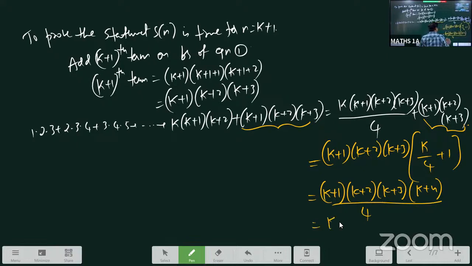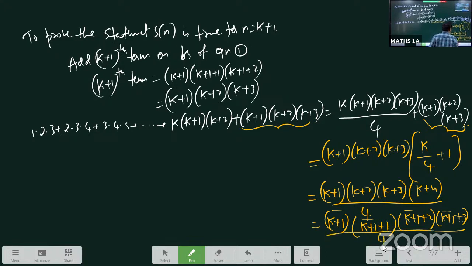Now instead of n, you got k plus 1, or not? Check it. Into k plus 1 plus 1, into k plus 1 plus 2, into k plus 1 plus 3, whole divided by 4. Is it clear?